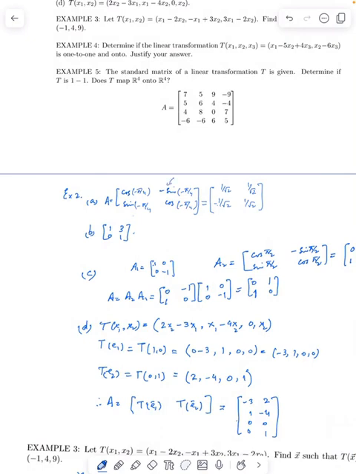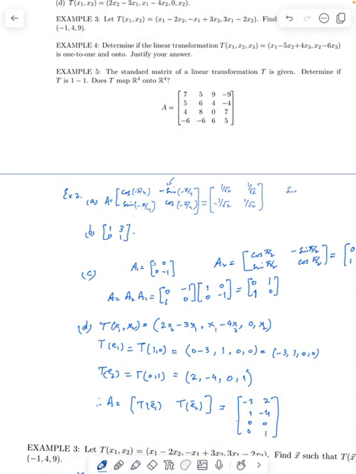In the second entry we had negative sine theta, so I have negative sine of negative pi over 4. In the second row, first column, we have sine of negative pi over 4. And the second row, second entry is cosine of negative pi over 4.